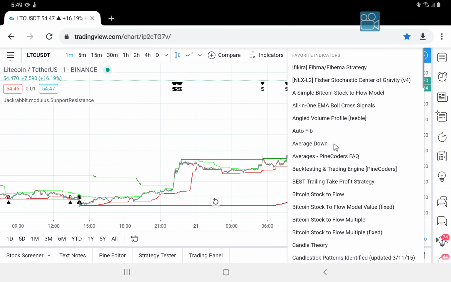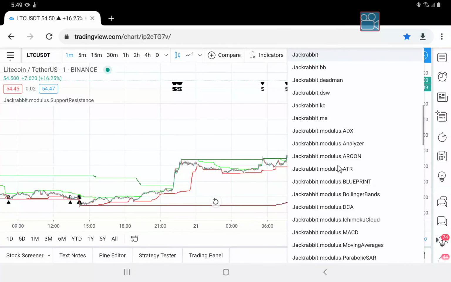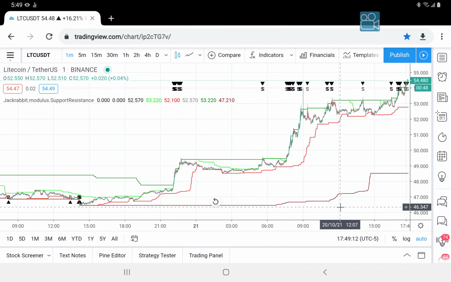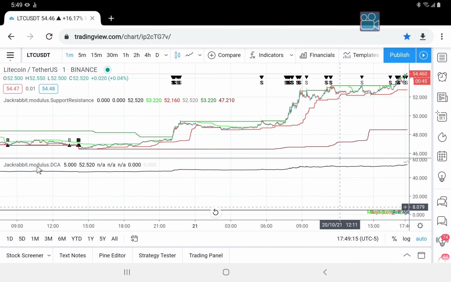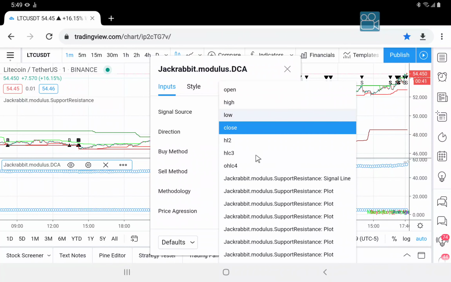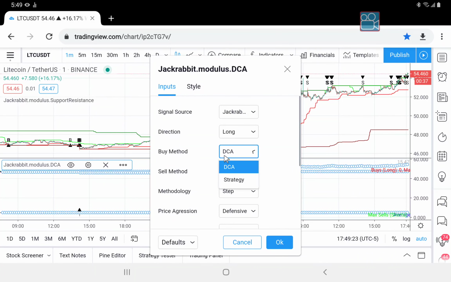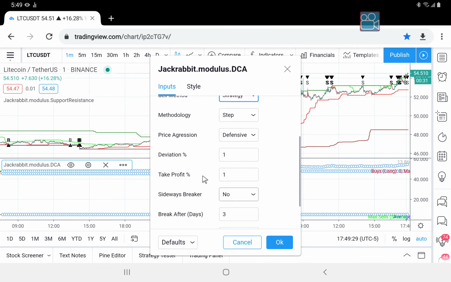For now, I'm just going to put the dollar cost averaging module on this with a very simple and classic setup, one I always use as a base point. Just this combination does exceptionally well.